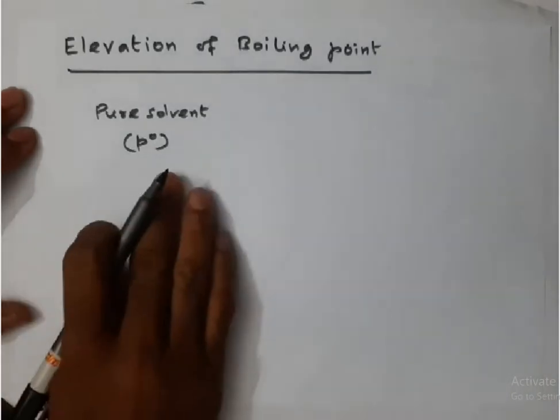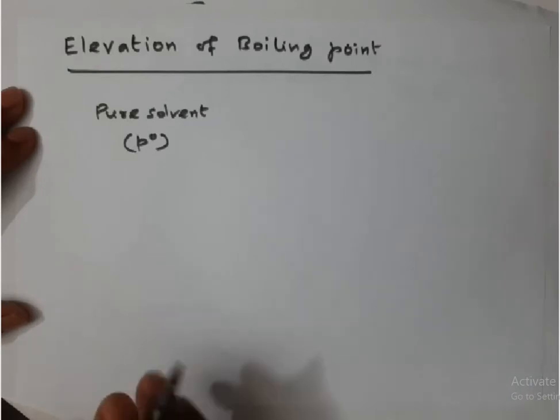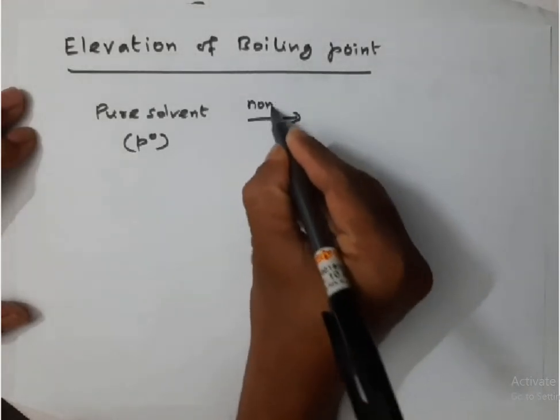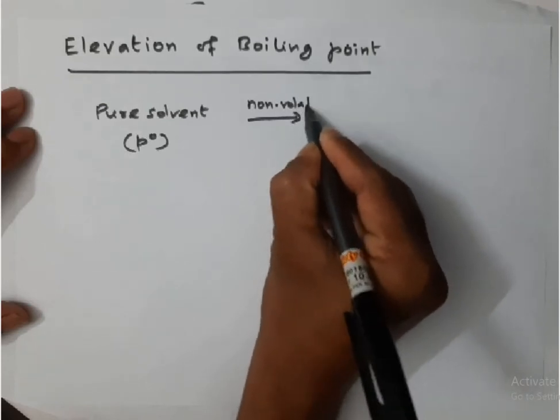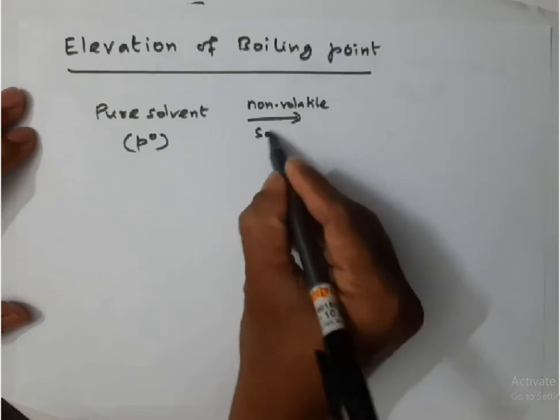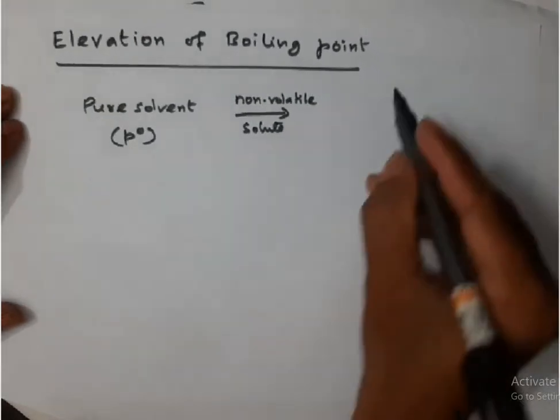So P naught is the vapor pressure of pure solvent. Okay. In this, if we add a non-volatile solute, we'll get a solution.